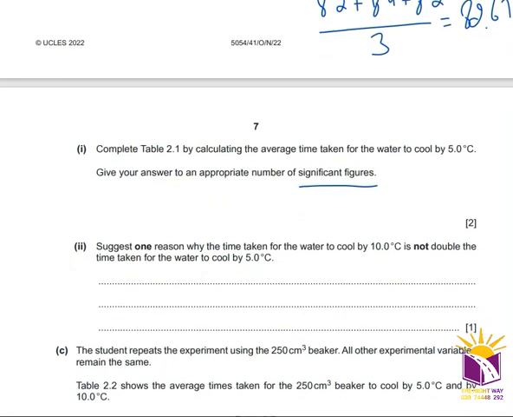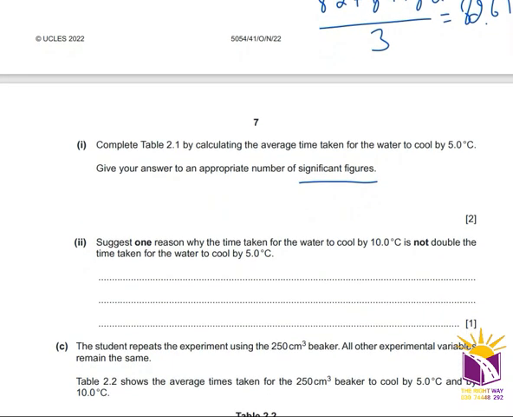Suggest one reason why the time taken for the water to cool by 10 °C is not double the time taken for the water to cool by 5 °C. Why did this happen? This is because the more hot the liquid, the more energy it loses.